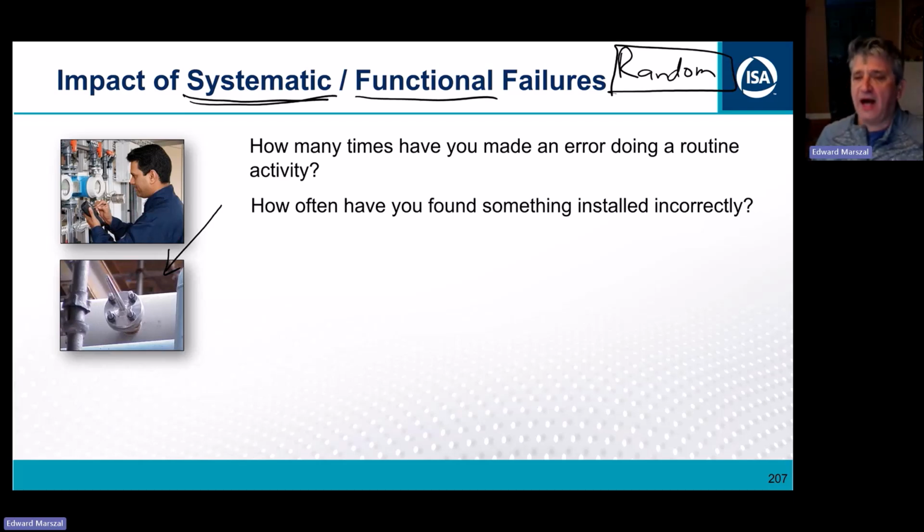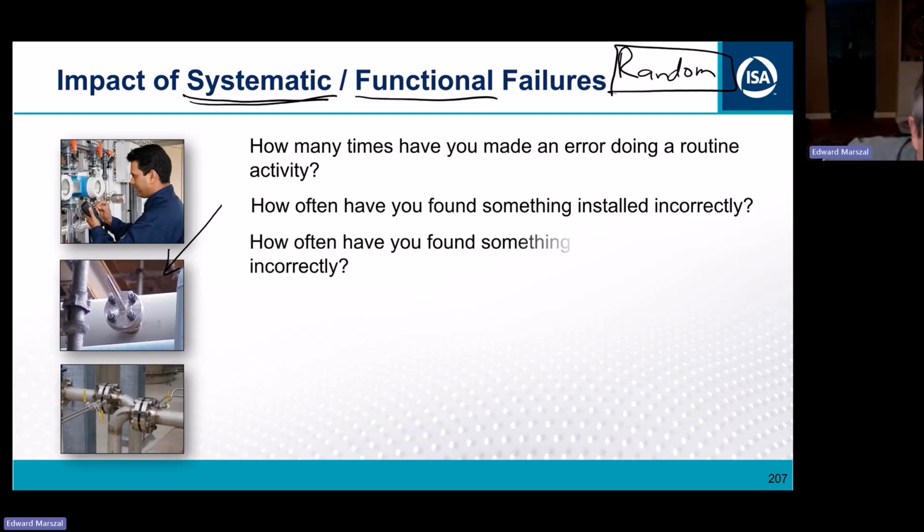Not one time have I done a commissioning and everything was installed correctly. Not once. So is it 10% of the instruments? 1% of the instruments? What's the probability that the commissioning will catch the fact that it was installed incorrectly? And how often have you found something engineered incorrectly?